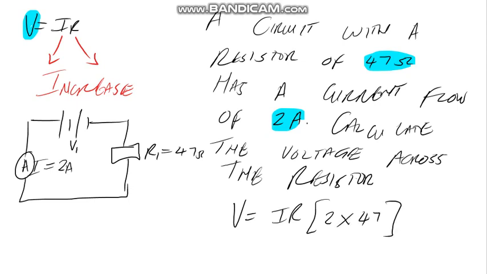So you multiply these two, and your total voltage will be equal to 94 volts. The whole point of doing this is to show you that whenever you increase current or resistance, your voltage will increase proportionally.